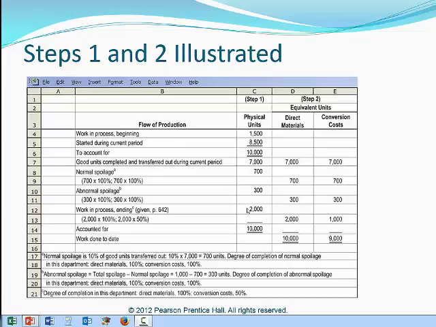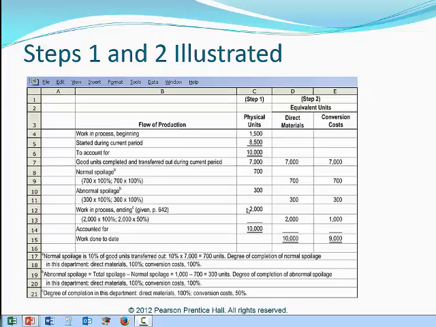For every 100 units that are good units, we expect another 10 on top of that to be normal spoilage. I said in the other video, out of 10 units, we expect one additional one to be normal spoilage. Same thing, it's all 10%.